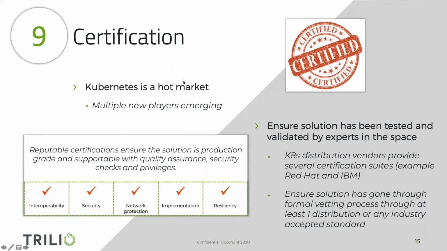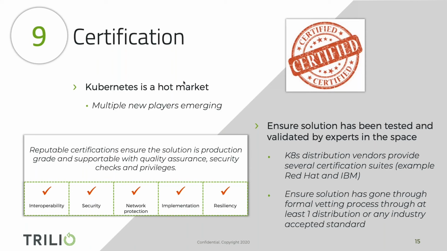Now we know that everything in Kubernetes is a hot, new, emerging solution. How do you make sure that what you are deploying within your environment is the right piece of software and you're not introducing any loopholes? Kubernetes is new, but there are vendors like Red Hat, IBM, and others who have been in the space for a very long time.